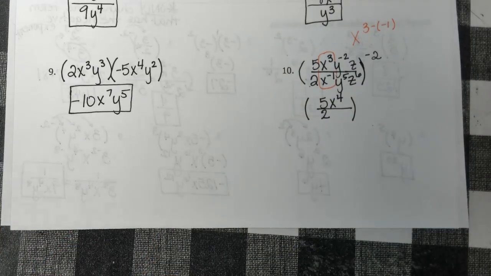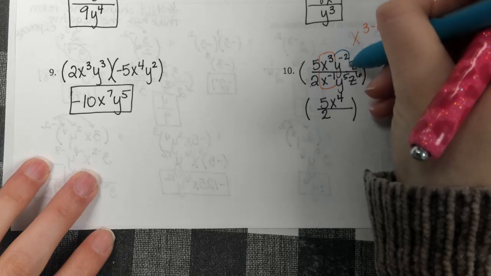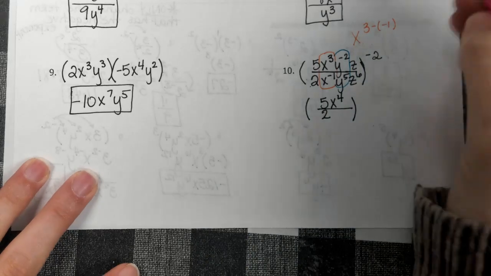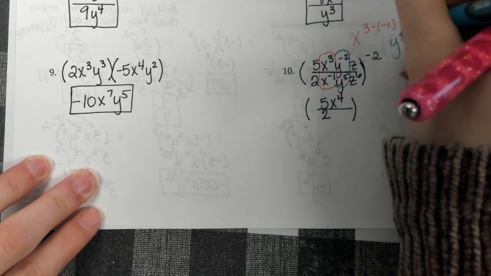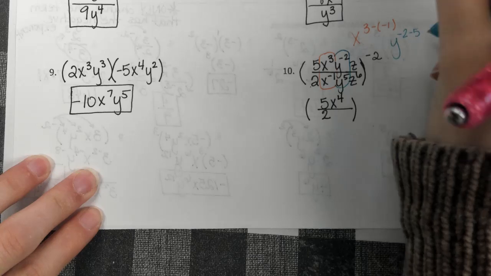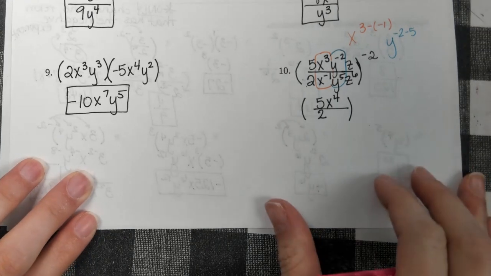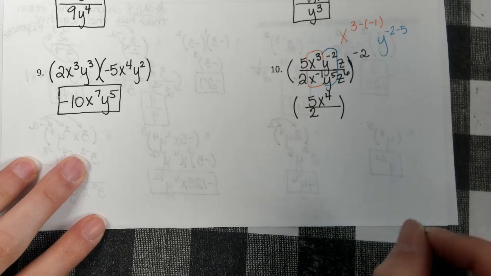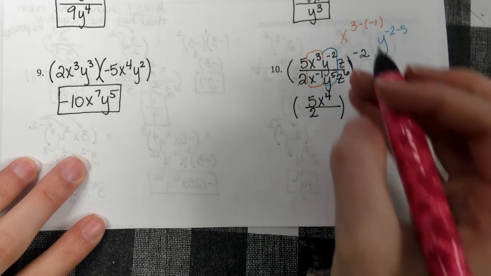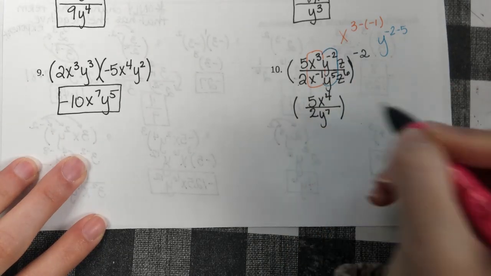Then I've got y to the negative 2 over y to the 5th. So negative 2 minus 5 gives me y to the what? Negative 7. It's negative. Where does it go? The bottom. So it's y to the 7th on the bottom.